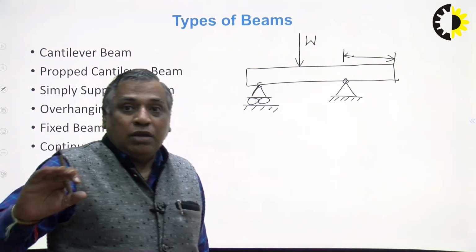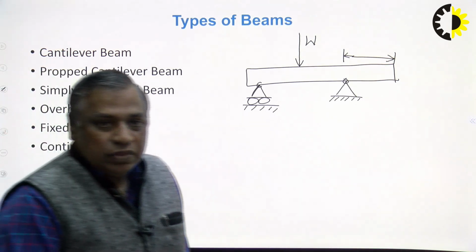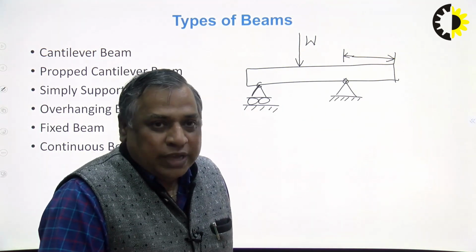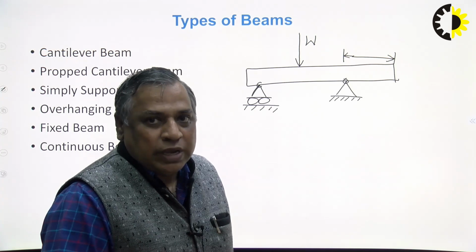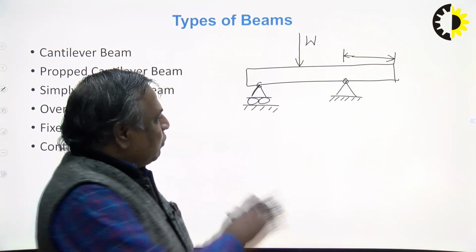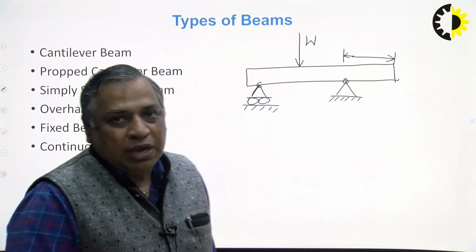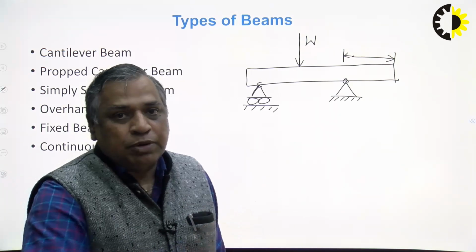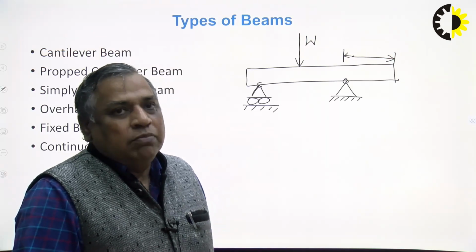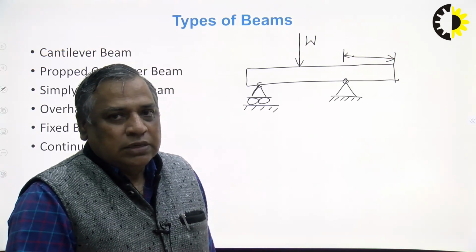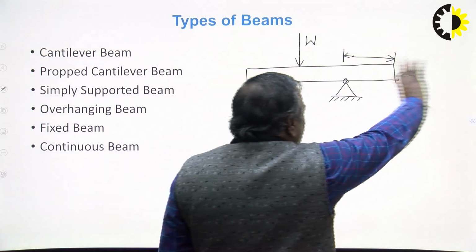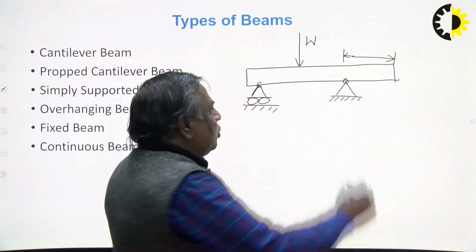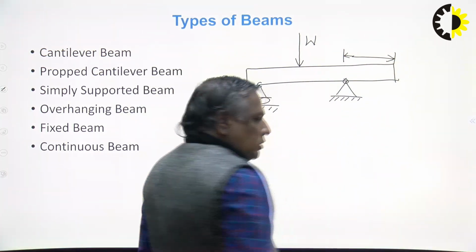Now every beam has its own weight. That's why it will be considered as an overhanging beam. But if it is mentioned in the problem that the beam is weightless, then it will not be overhanging if no force is applied on it.